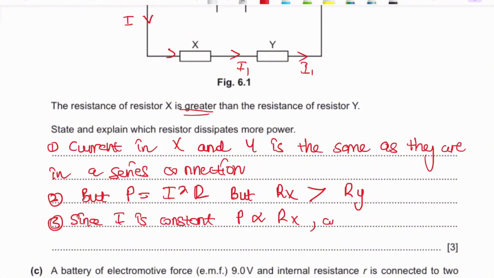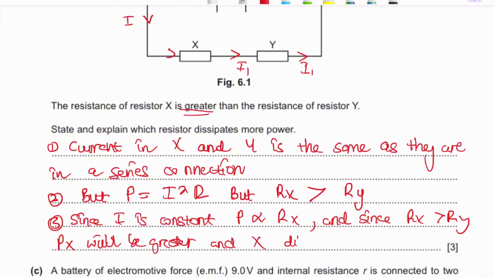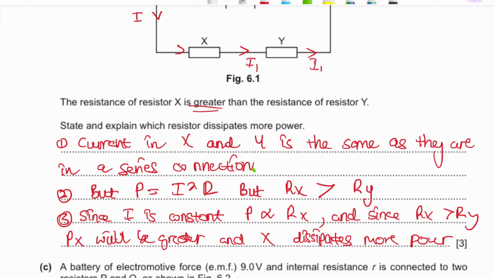Since the resistance of X is greater than the resistance of Y, the power dissipated in X will be greater, okay? X dissipates more power.